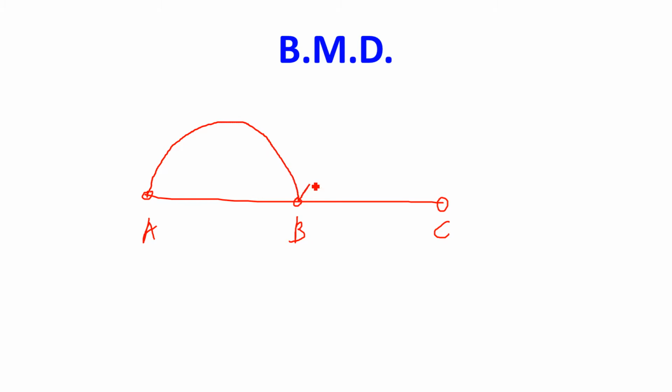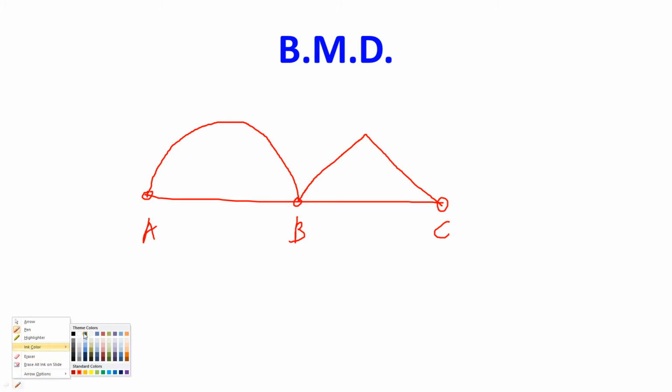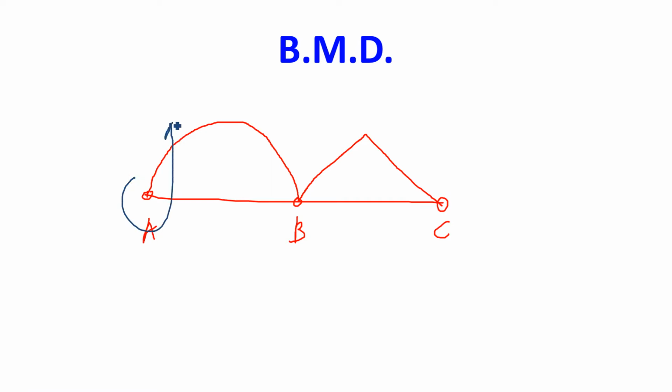And finally now you can plot the bending moment diagram. All of you know how to plot the bending moment diagram. There are three joints A, B, C. Mark those joints. Then since AB is subjected to UDL, it is parabolic in nature, and BC is subjected to a central point load, so it is triangular in nature. Then whatever moments you calculated, MAB is anti-clockwise, so it is upward 75.